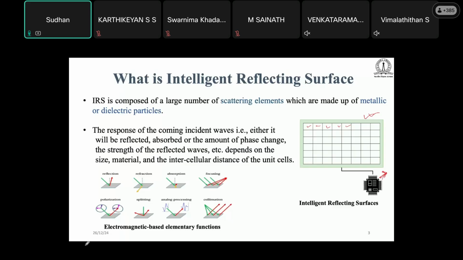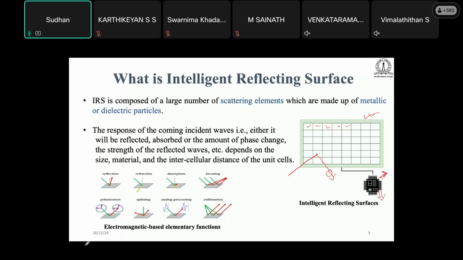We'll discuss it later. And then what it does: if any signal comes to this surface, it gets another phase and reflects to a particular direction, and this direction is defined by this controller.